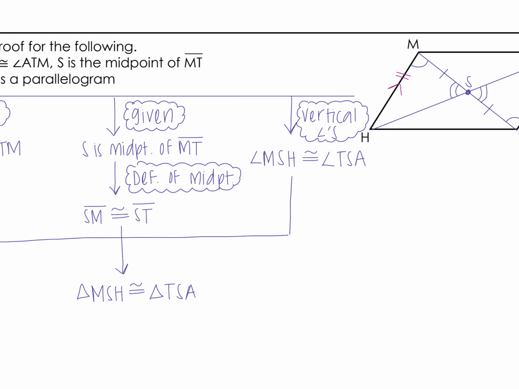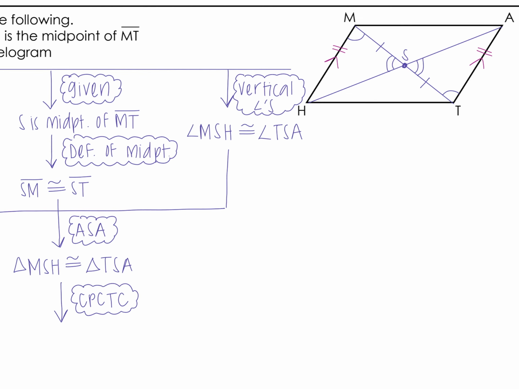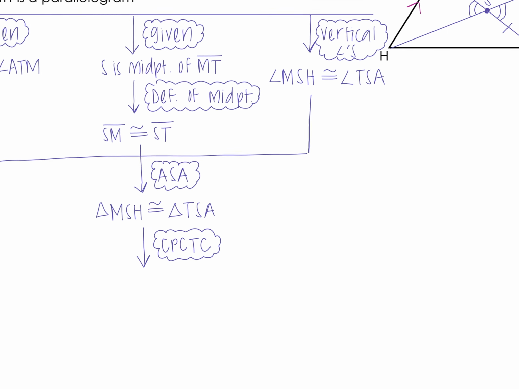So I'm just going to focus on the purple markings, which is going to be angle, side, angle. And now that my triangles are congruent, remember, coming up with other information to be congruent, we will use that CPCTC. And so, as I mentioned, I was going to prove that MH is congruent to AT.